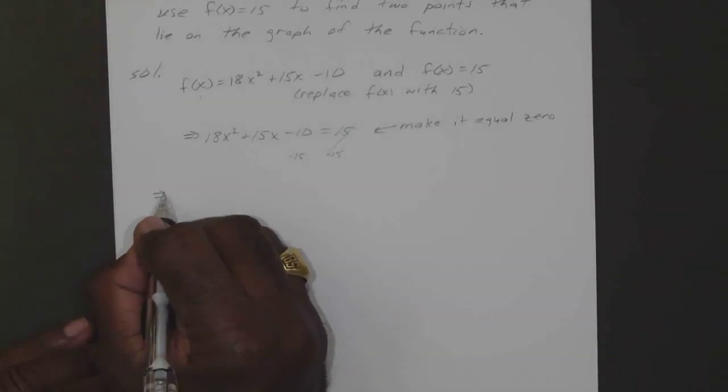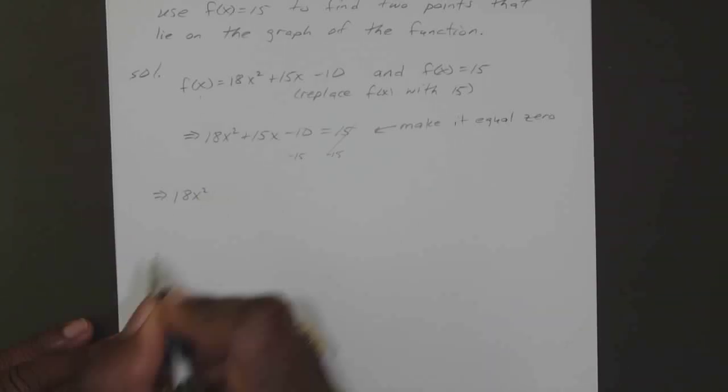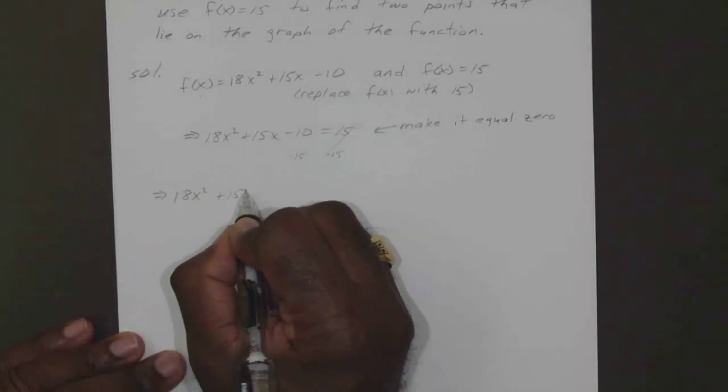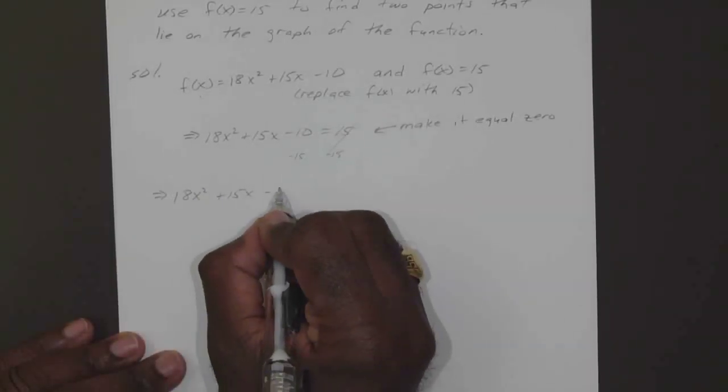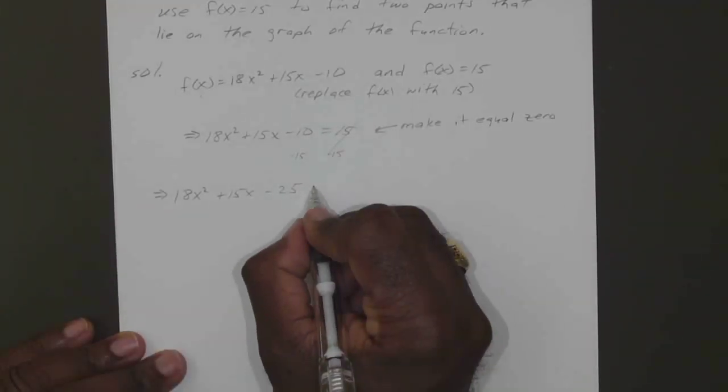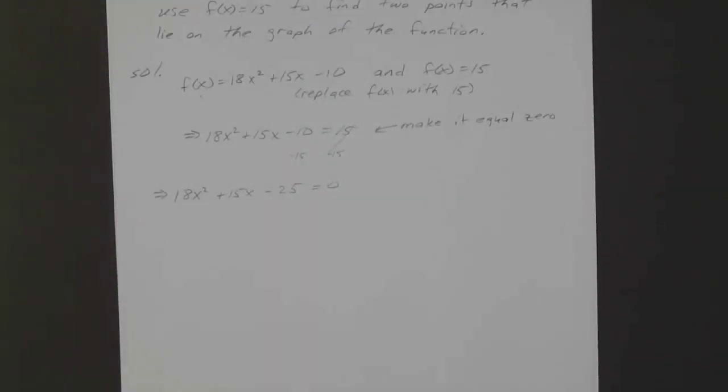Okay, so that gives us 18x squared plus 15x minus 25 equals 0. And this falls under one of those cases where you really wish you could simplify it, but unfortunately you can't because there's nothing you can factor out of all 3 terms. So you have to use the A times C method with those really big numbers.